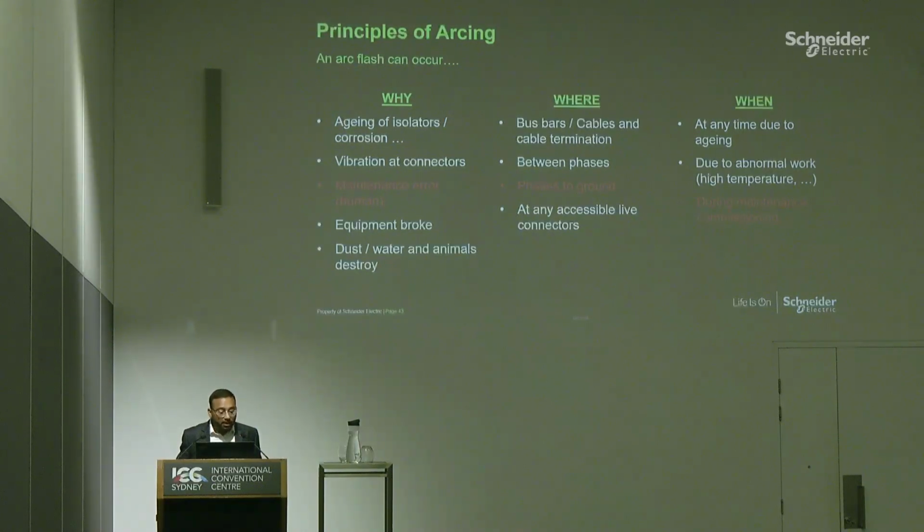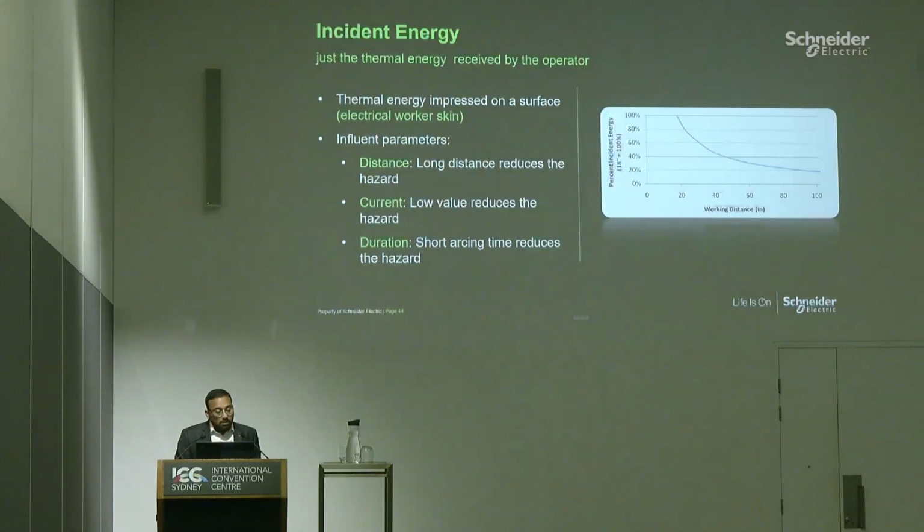In many greenfield projects we are deploying arc due to abnormal work, and the majority of the time, during maintenance and commissioning. So these are certain pointers on why an arc flash can occur, where it can occur, and when it can occur.